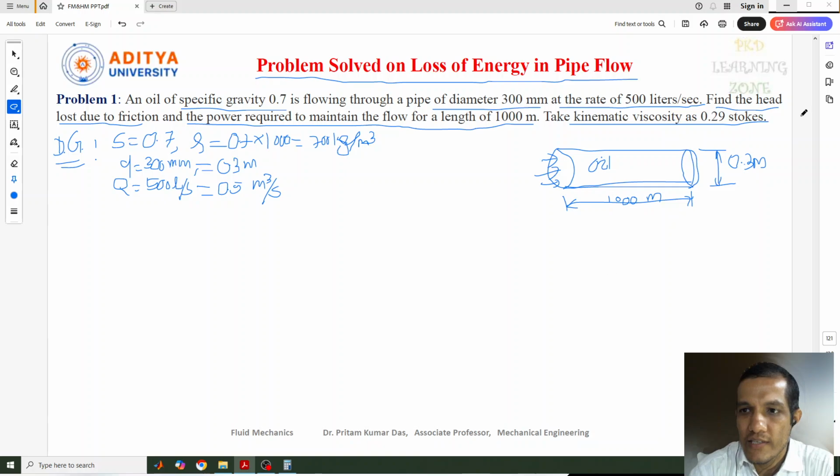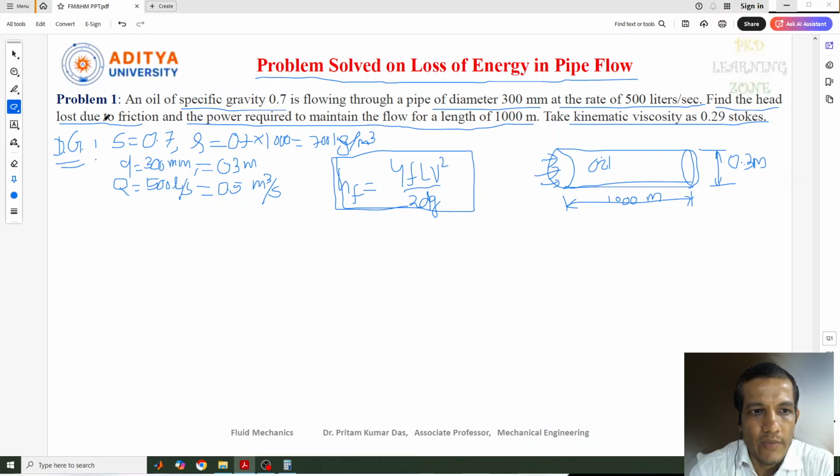And now next we need to find out the head loss due to friction. So hf we need to calculate. We know the formula, hf equal to 4fLV square by 2dg. This is the formula as per Darcy-Weisbach equation for the major loss, the loss due to friction. And the length L is given as 1000 meter.